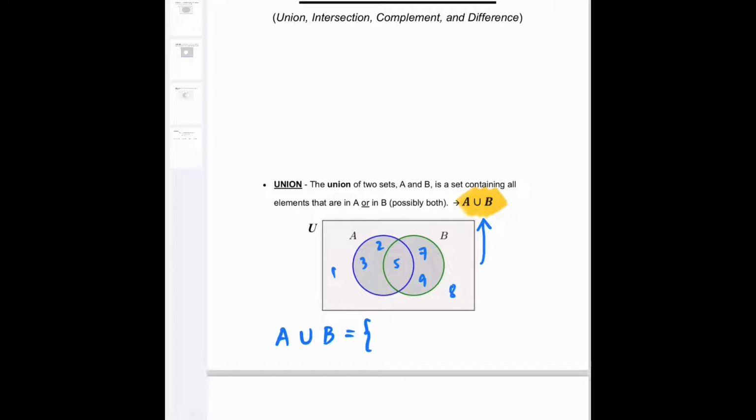So you just simply get all the elements, writing them in a set properly. So you get 2, 3, 5, 7, and 9. So these are the elements that belong to A union B.